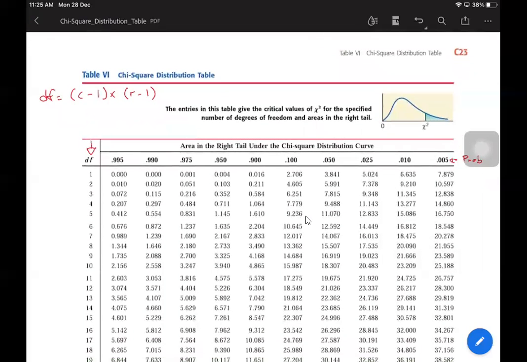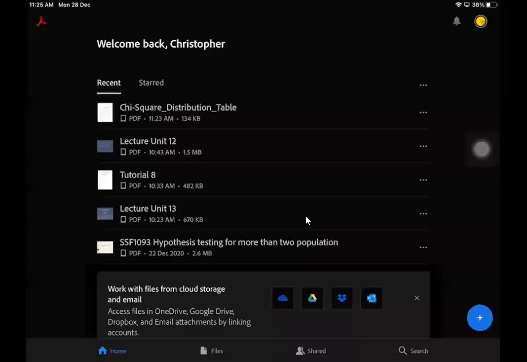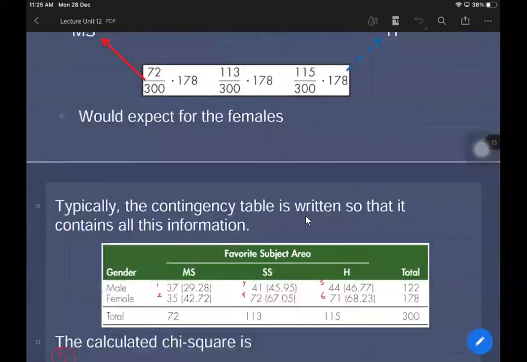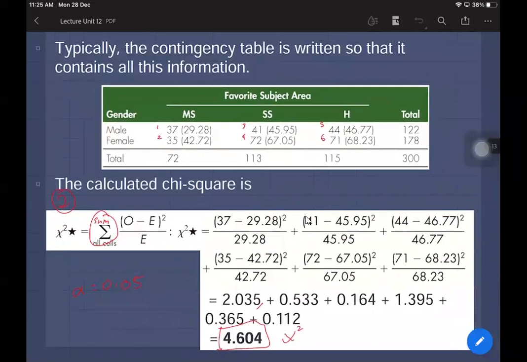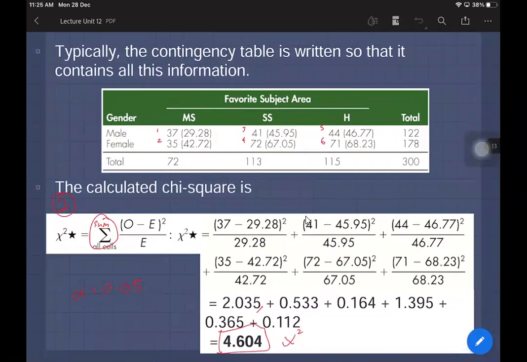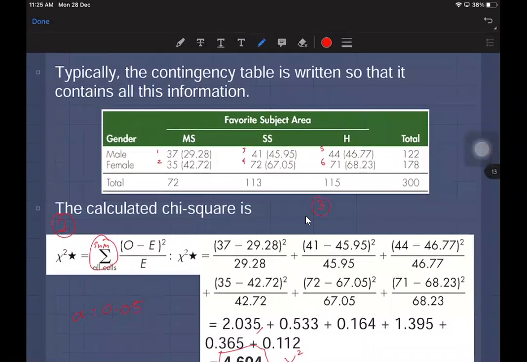So we look at the example just now. If we check our example here, step number 3, degree of freedom equals column minus 1 times row minus 1.